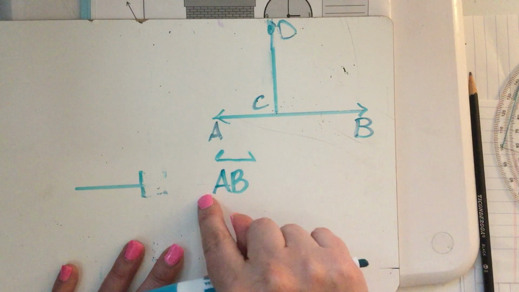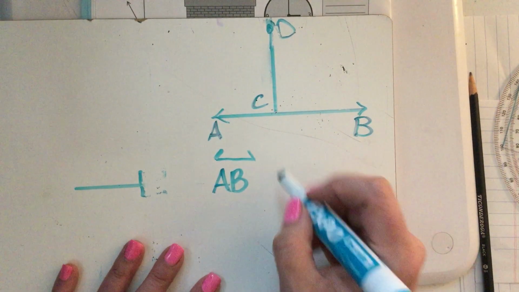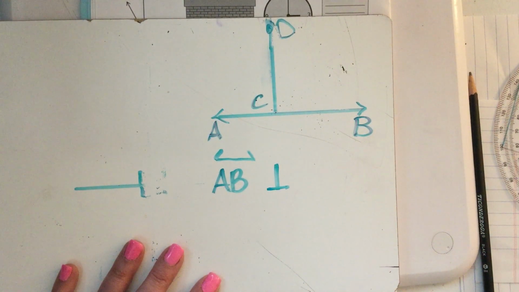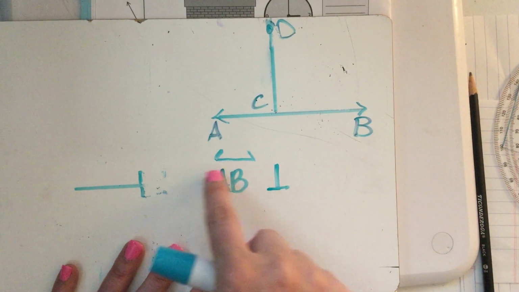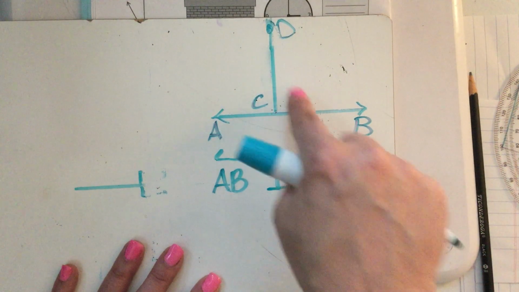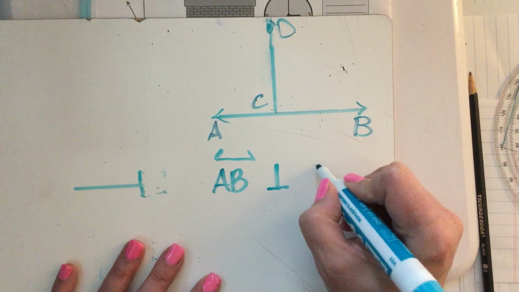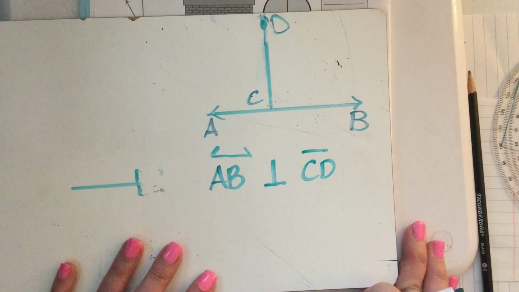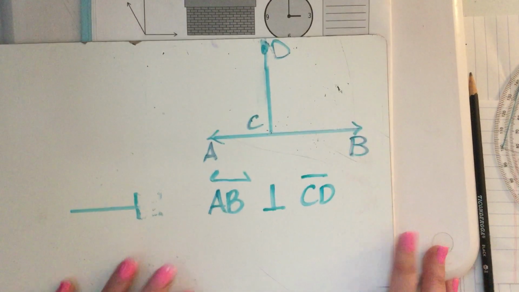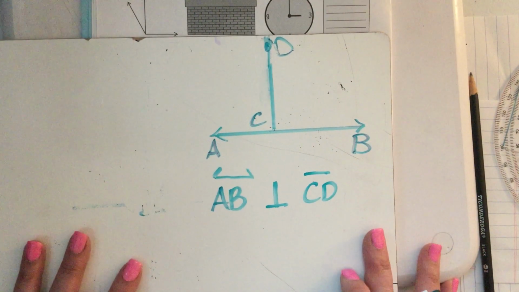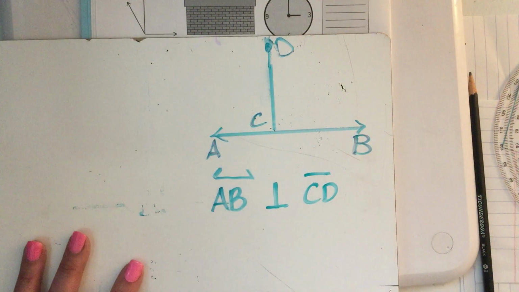So line AB is perpendicular, and the way we show perpendicular is this upside down T. Okay, really easy. So line AB is perpendicular to line segment CD, and line segment doesn't have the little arrows on it, and that's how I know the difference. Okay, and I could have made AB a line segment if I wanted to, just by taking off the points on both ends.